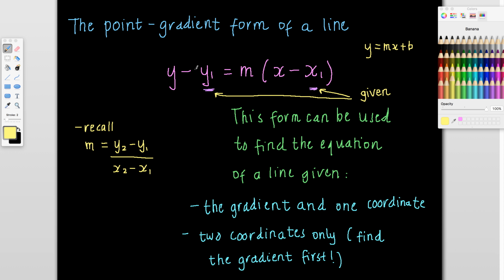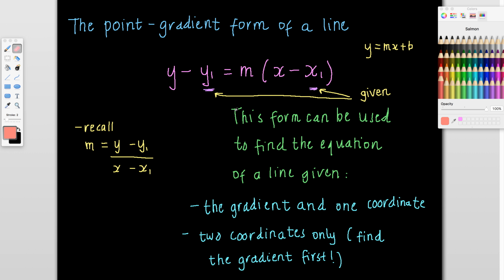Now, where does this come from? Well, it comes from our gradient rule that we've talked about already. The gradient is y2 minus y1 over x2 minus x1. If I take away this y2, we just leave that as a variable y. Same with x2, we leave that as variable x.